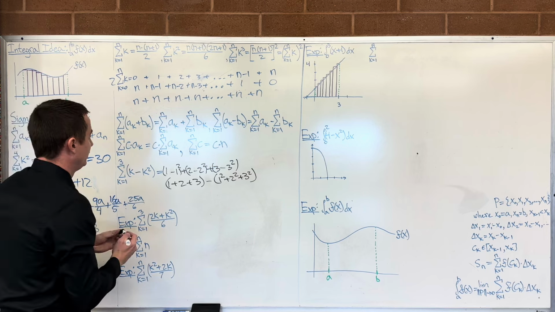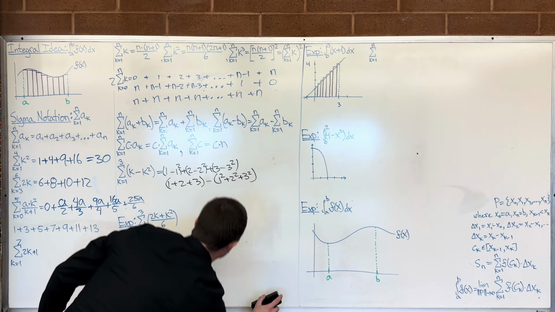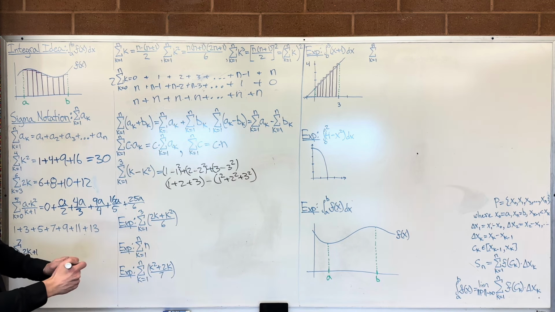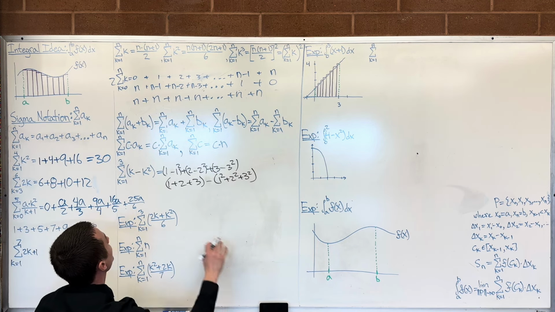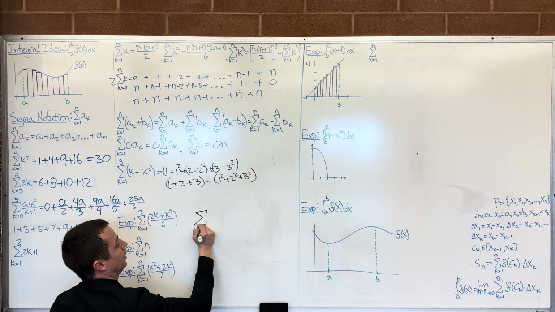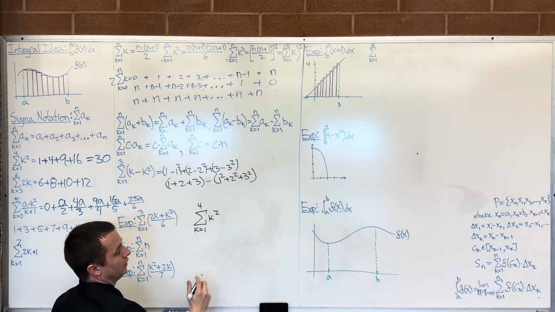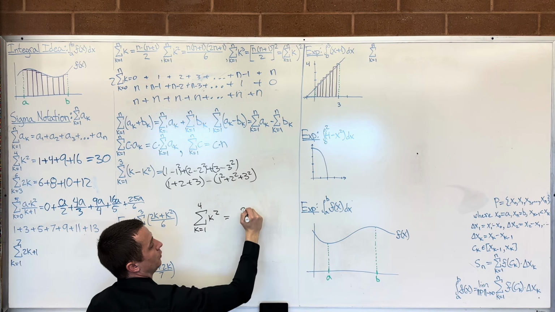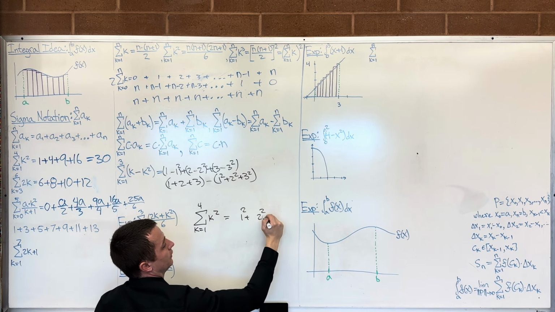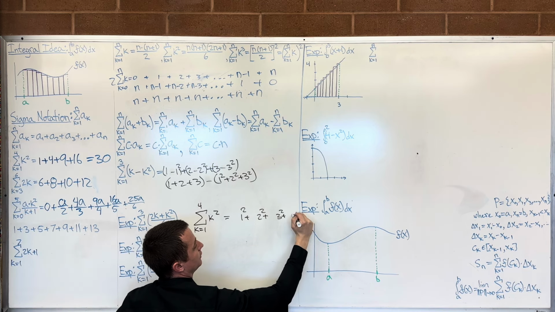Let's try another one. What's the best way to see this? Let's say that we were looking at the sum from k equals 1 to 4 of just k squared, you know what that would equal. That would just be 1 squared plus 2 squared plus 3 squared plus 4 squared, right?